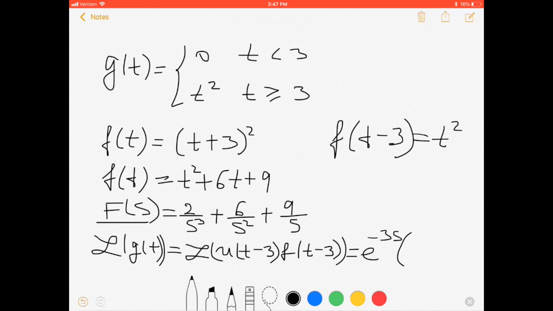We know it will be 2 over s cubed plus 6 over s squared plus 9 over s.